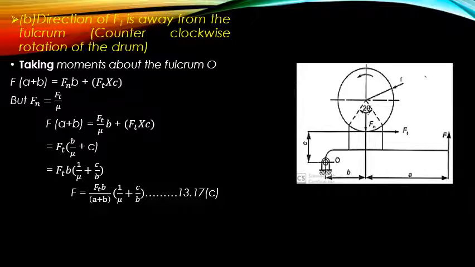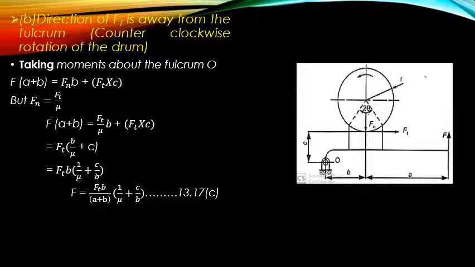Next, coming to the counterclockwise rotation of the drum. For counterclockwise rotation, we find that Ft is moving away from the fulcrum.